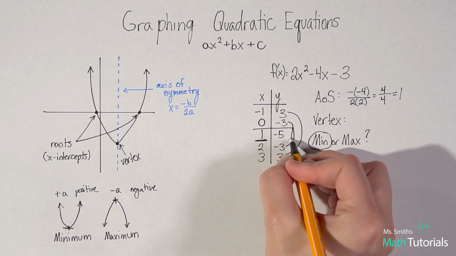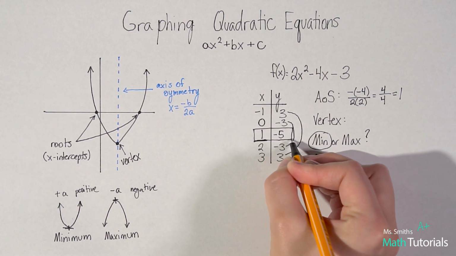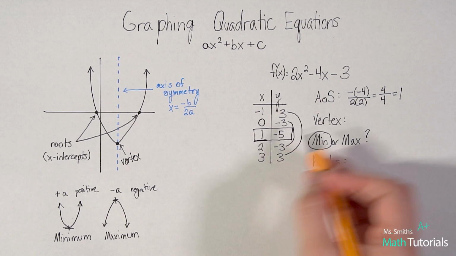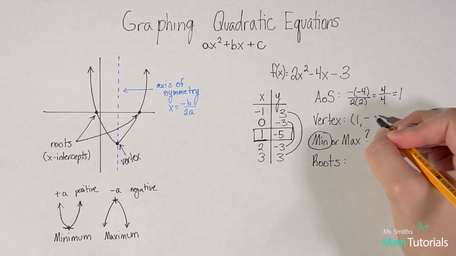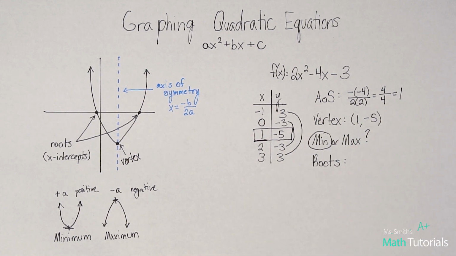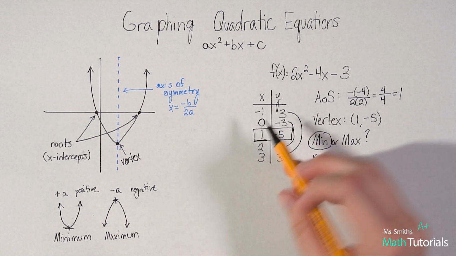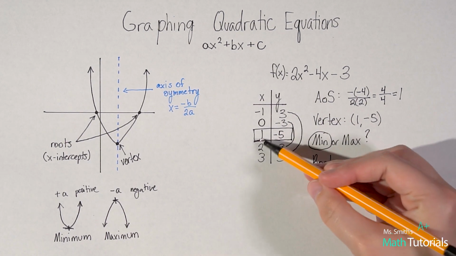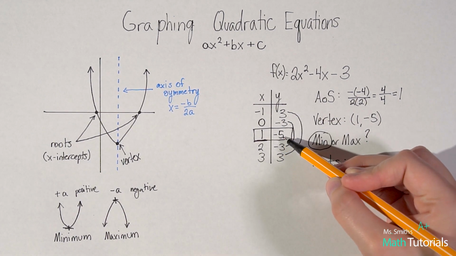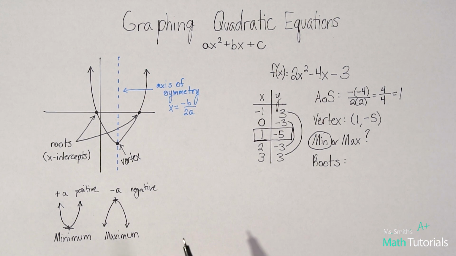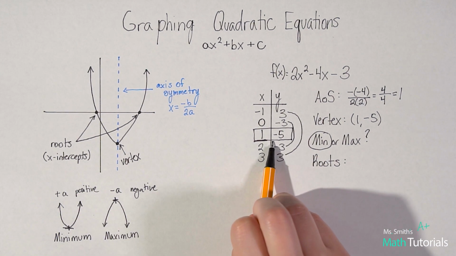This whole thing, that point, 1, -5, that is your vertex. Okay, so one way to find it is literally just to look at the table. Find your axis of symmetry that we used to build this whole table, and then whatever its partner is, that's the vertex. Okay, so that's one way.